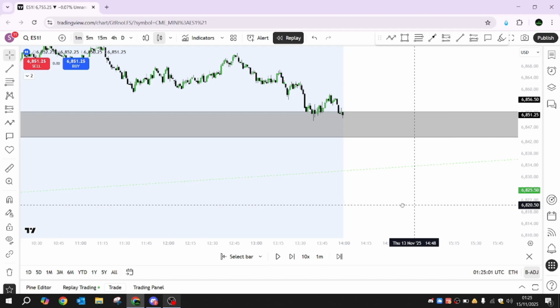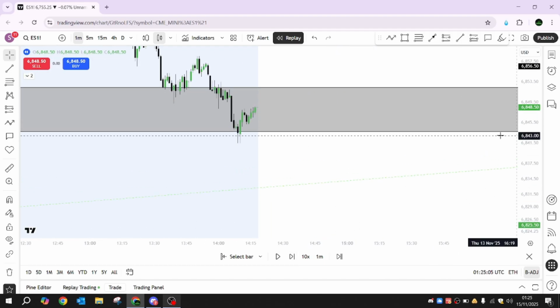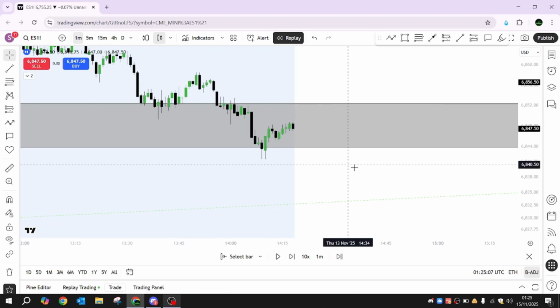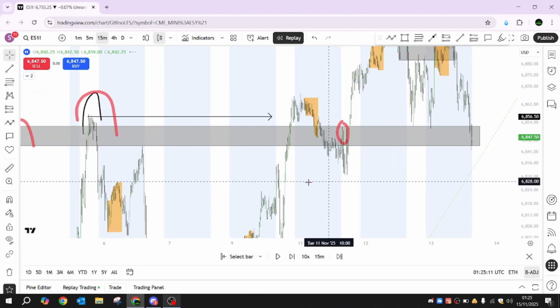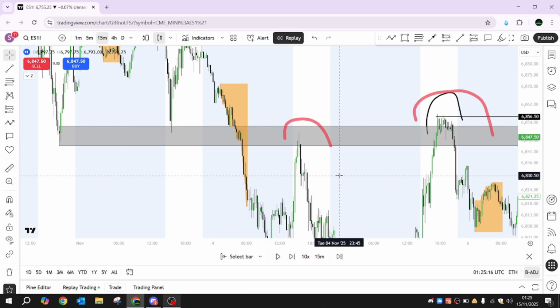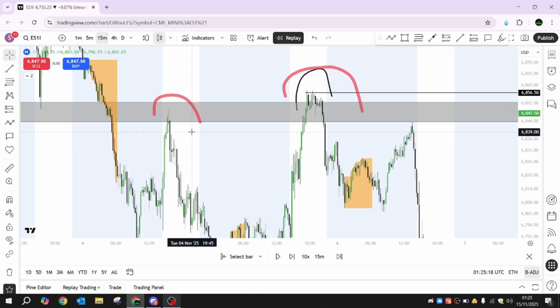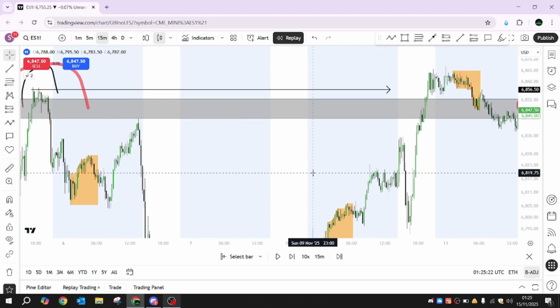If we go to ES futures now, let's quickly understand what was going on. Now we've tagged into our key level. For those who didn't understand that, this key level was derived from the 31st of October. Price held as demand. Then if you go back on the footprint charts, you will see price holding as supply, price holding as supply, price holding as supply.